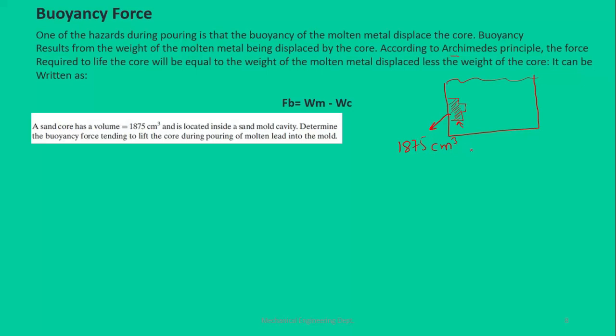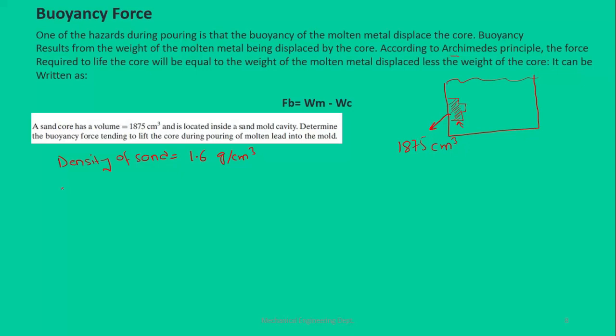Determine the buoyancy force. The density of sand as per your book is 1.6 grams per centimeter cube.